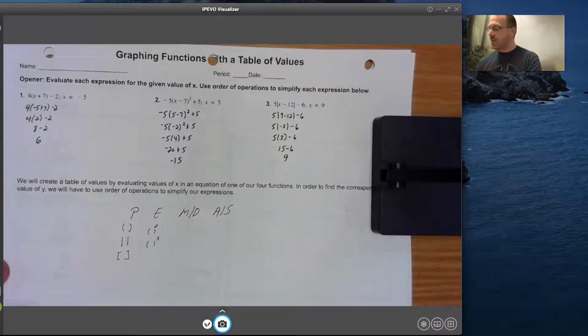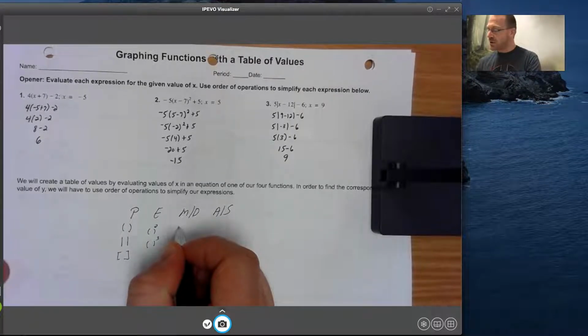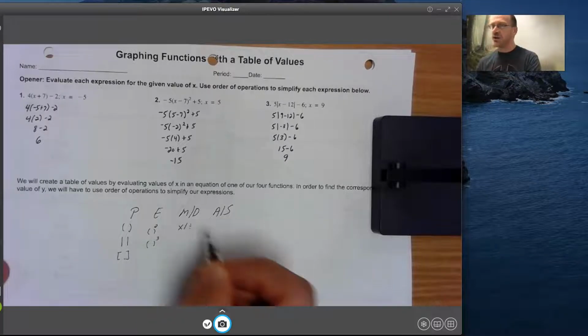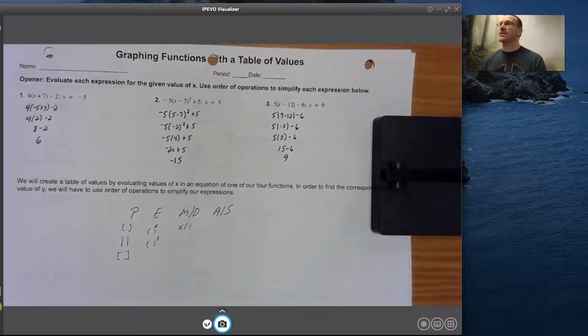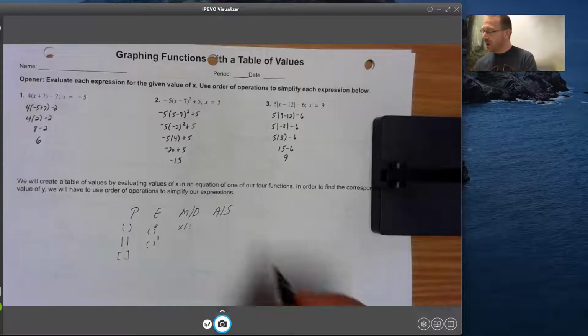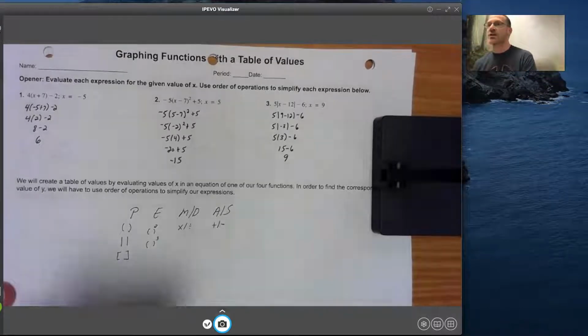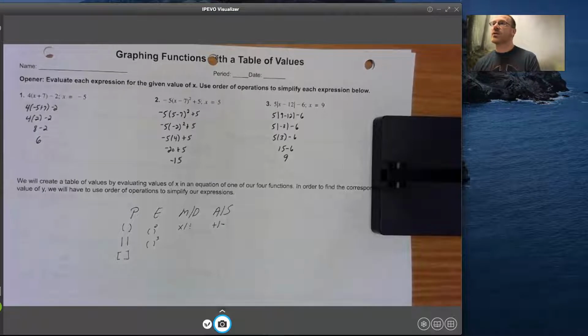And then we have multiplication and division. Now, we say multiplication and division, but they are equivalent operations, so you just work whichever one comes first in your problem. So when you work left to right, if I see multiplication first, I do that first. If I see division first, I do that. Same with addition and subtraction. So those are really the things that we want to work through.